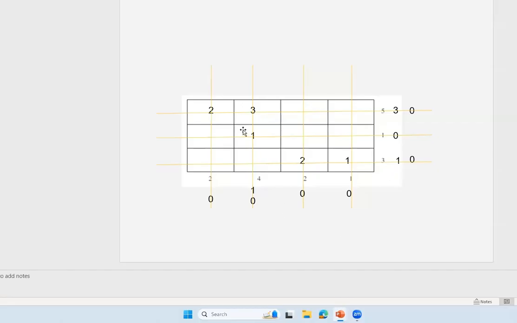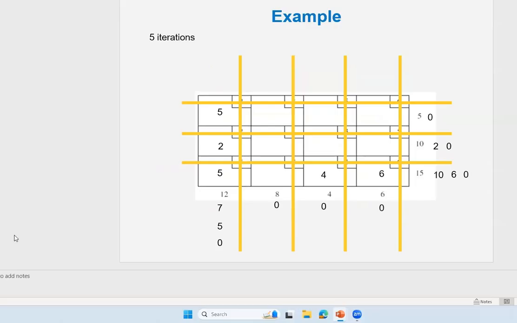So here, how many iterations did we have? Again, 5 iterations. What is the objective function value here?